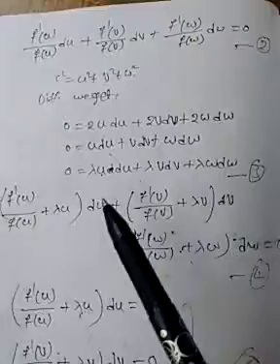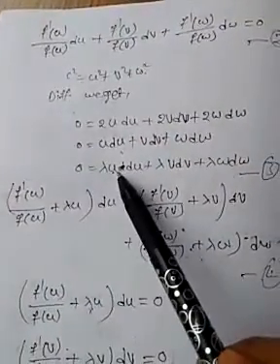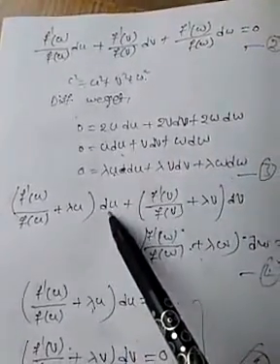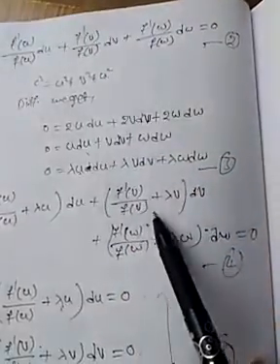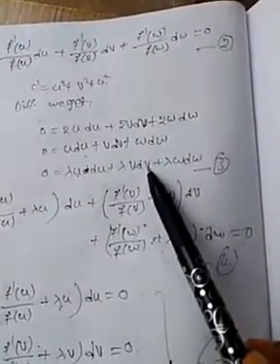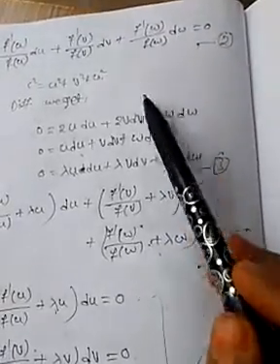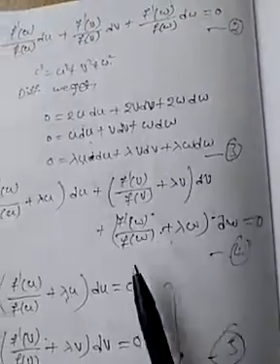Next we are adding these two equations, that is the second equation and the third equation. Addition of these two equations gives f dash u by f of u plus lambda u, where we take du outside, then f dash v by f of v plus lambda v into dv, plus f dash w by f of w plus lambda w into dw equals 0.